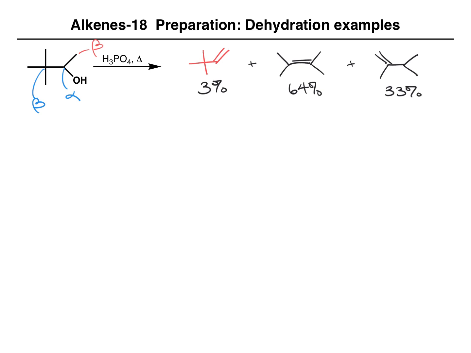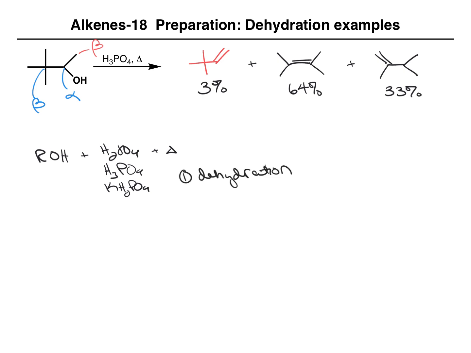This provides evidence that this reaction probably proceeds through a carbocation. And so we can account for the formation of these products through a carbocation rearrangement. So on earlier slides, we said that when you see an alcohol plus a strong acid plus heat, we need to consider that this is a dehydration reaction.